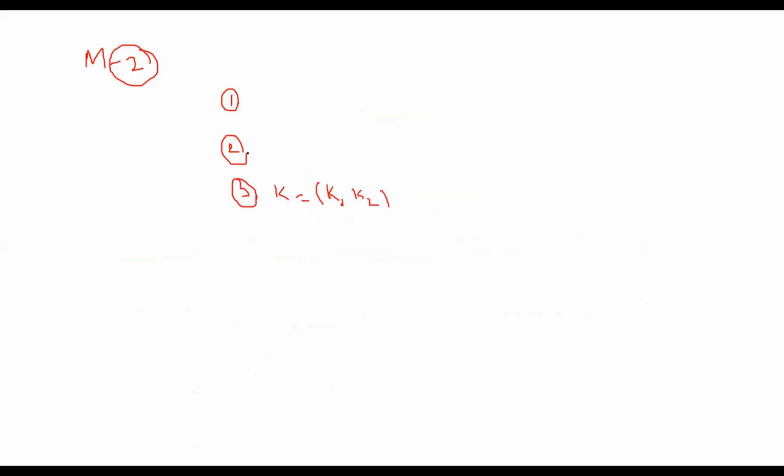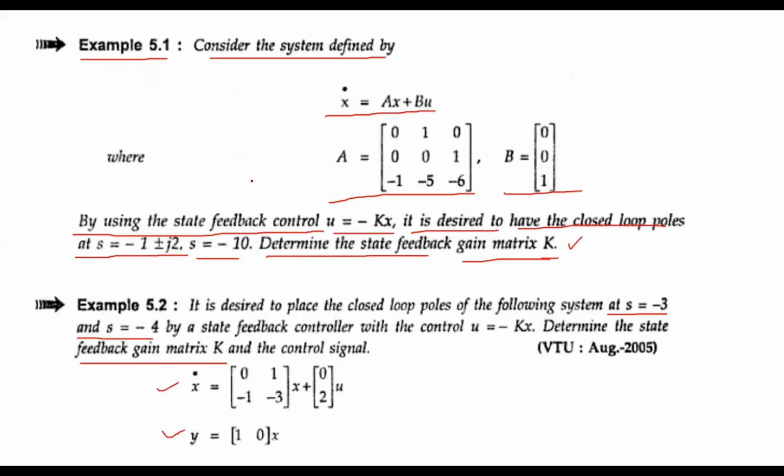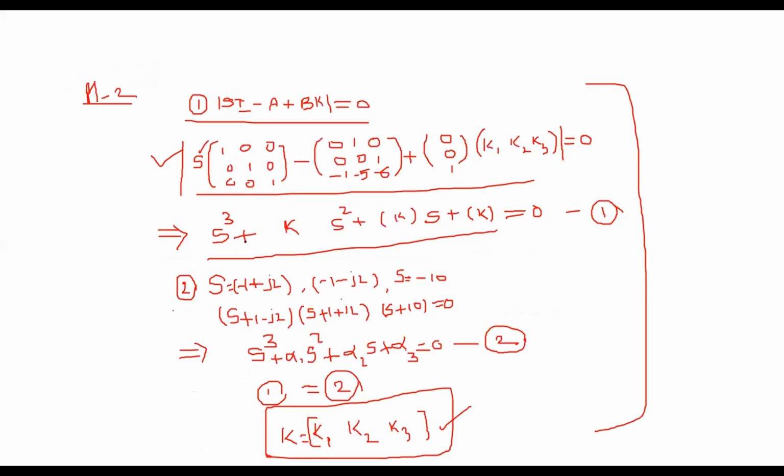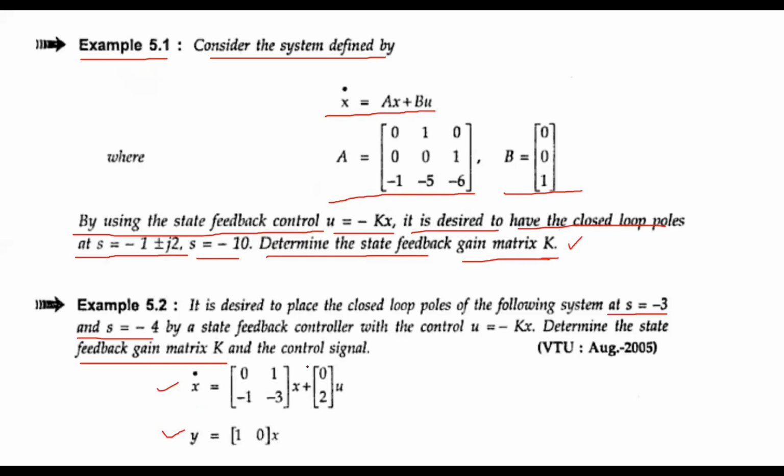From the second one, we need to find the second equation. Second equation is nothing but, coming to this one, what are the closed loop poles given for the system? S is equal to -3, S is equal to -4.